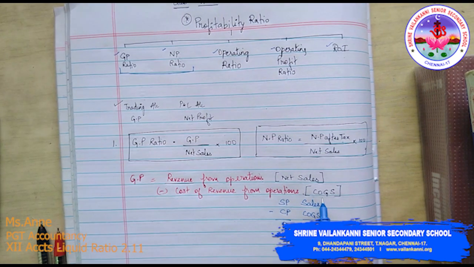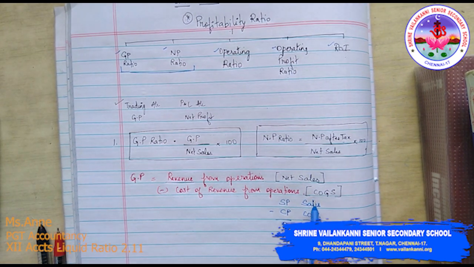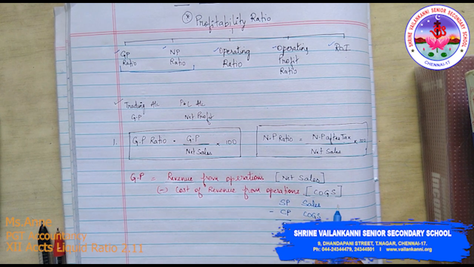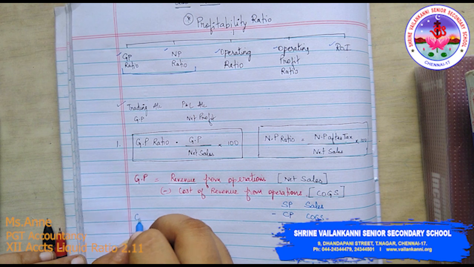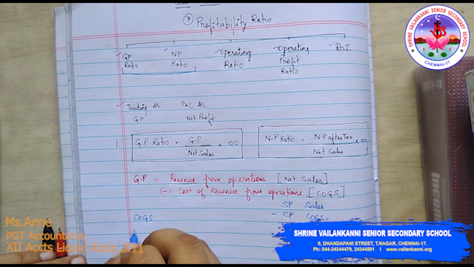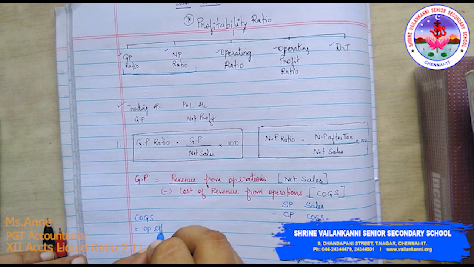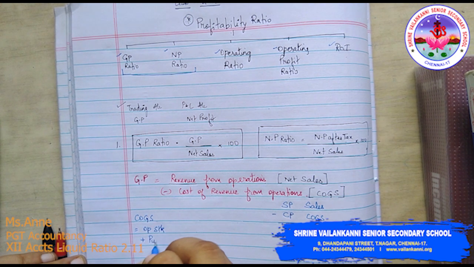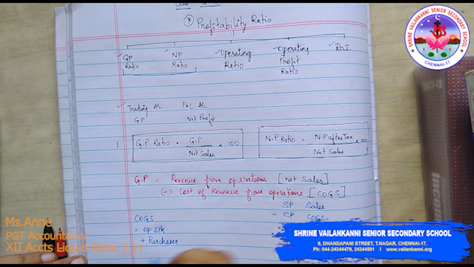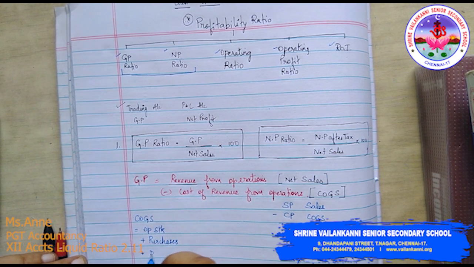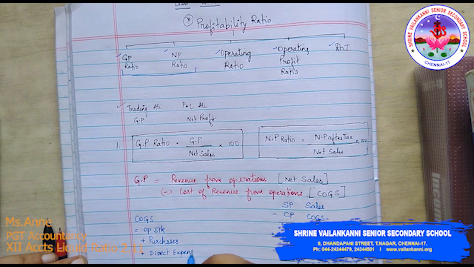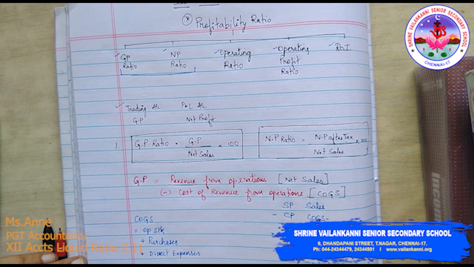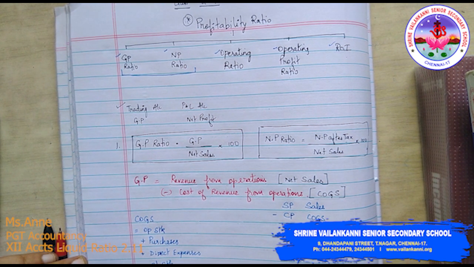Now many students do not know what is cost of goods sold. In textbook formulas, cost of goods sold is opening stock plus purchases plus direct expenses minus closing stock.